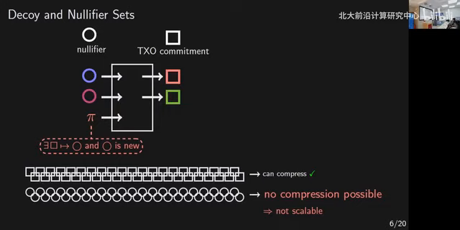There's no way to compress this at all. And this is why the decoy and nullifier set construction doesn't scale. The nullifier set keeps on growing indefinitely. If the network is twice as old or processing twice as many transactions, this set is going to be twice as large.